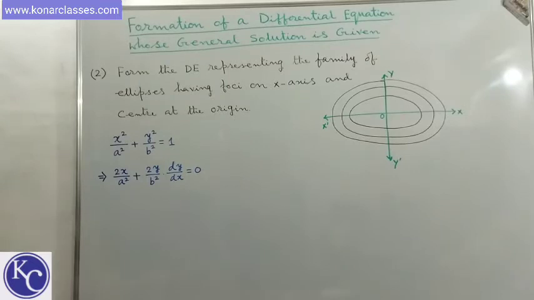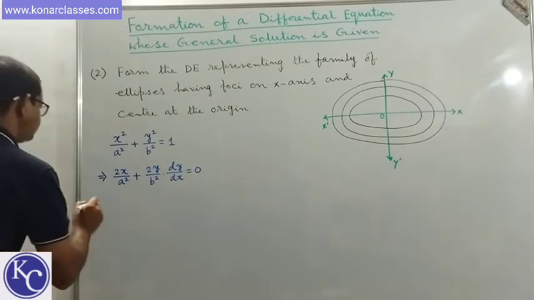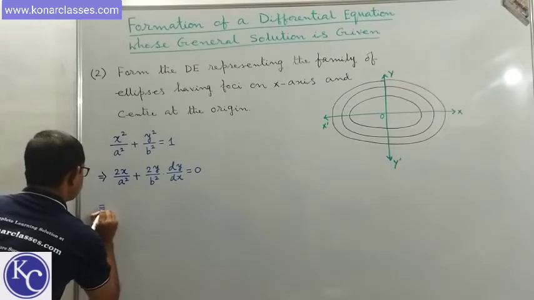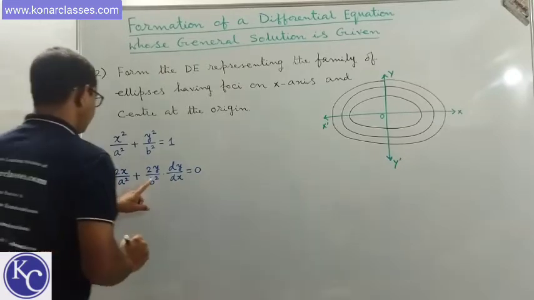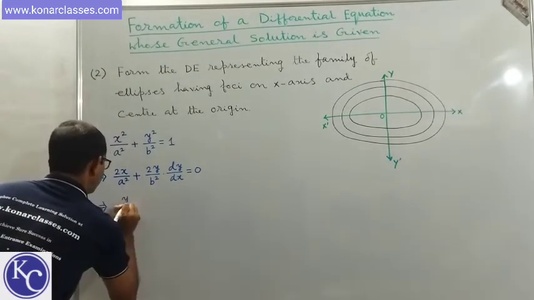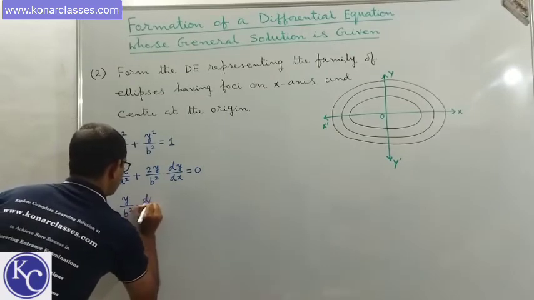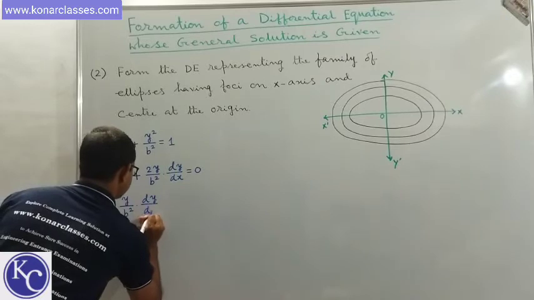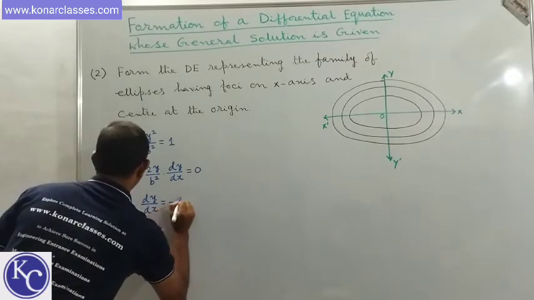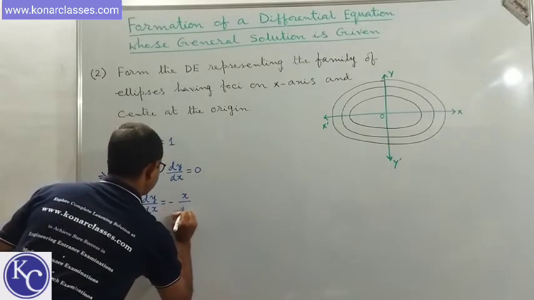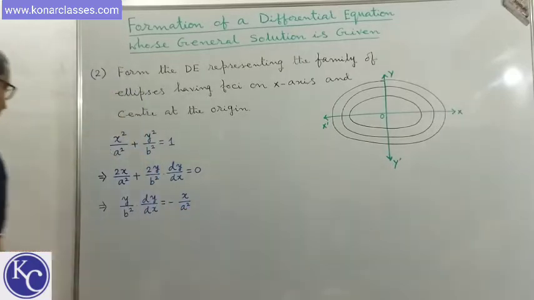Correct? So this implies y by b square into dy/dx is equal to minus x by a square.